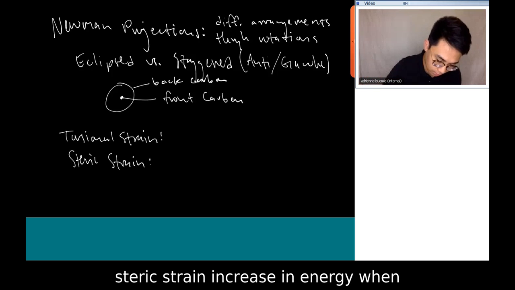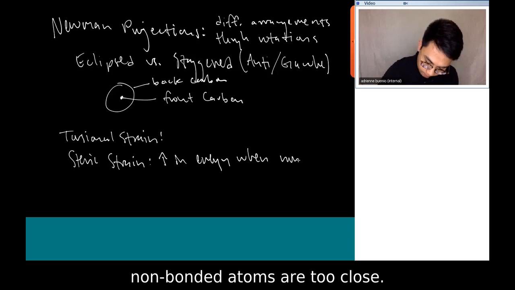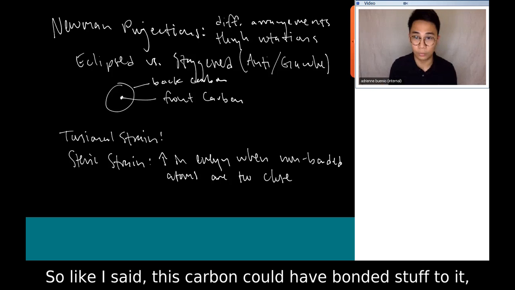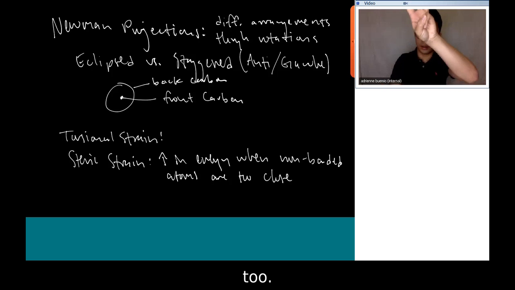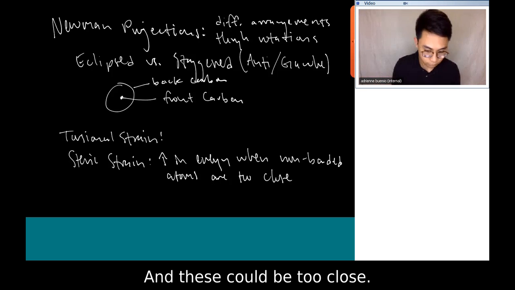So steric strain is an increase in energy when non-bonded atoms are too close. So, like I said, this carbon could have bonded stuff to it too, and this carbon could have bonded stuff to it too, and these could be too close, right?